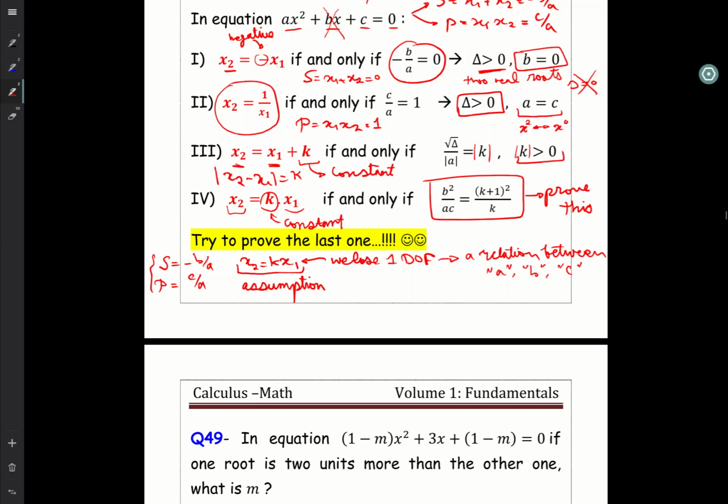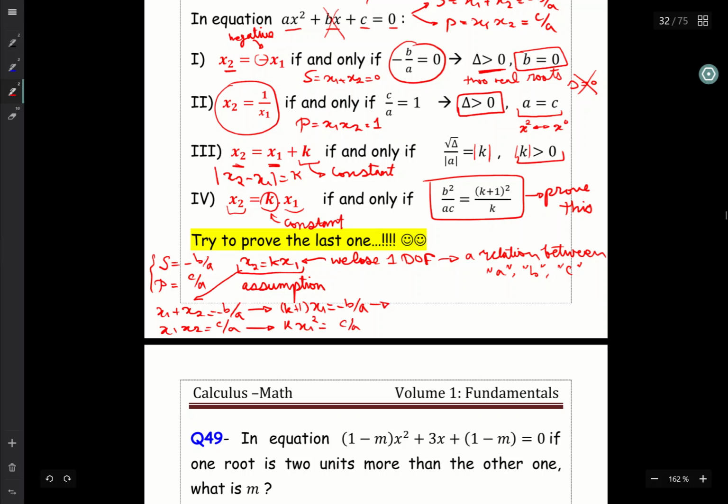All right, so how do we prove this? So s is x1 plus x2, which is minus b over a, right? And if we substitute for x2, we end up with k plus 1 times x1 is minus b over a, okay? x1 times x2 is c over a, and if we substitute for x2, we end up with k x1 squared is c over a.